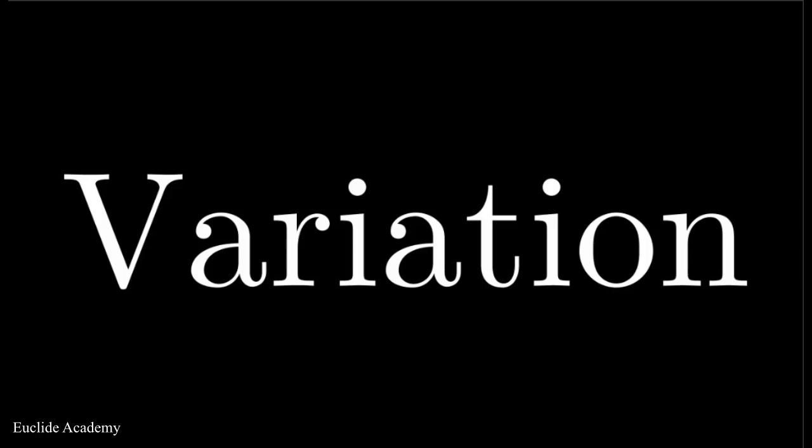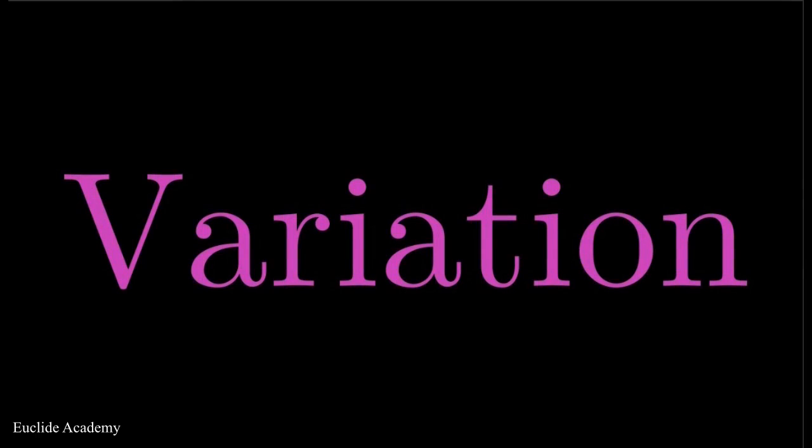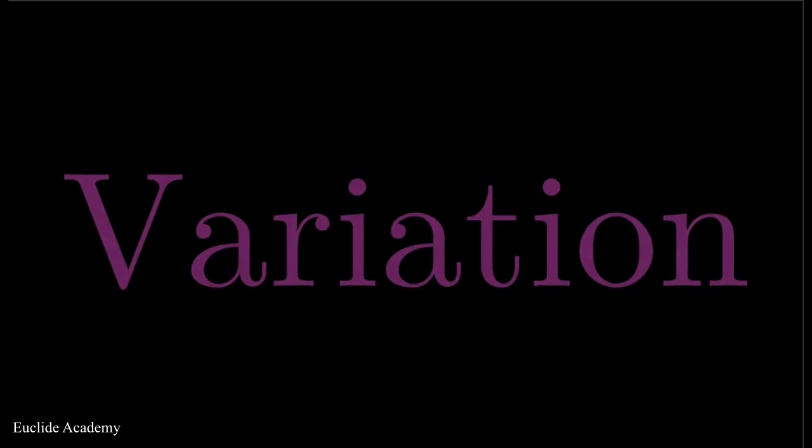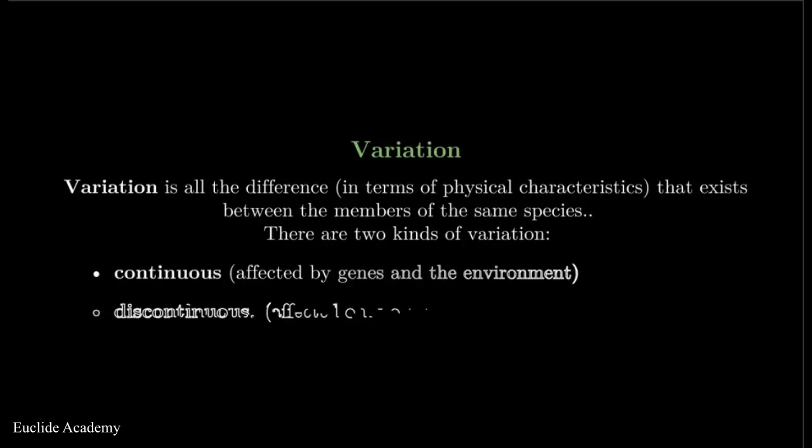So what does variation refer to formally in genetics? What does it mean, and how do we understand this concept? Variation is all the difference in terms of the physical characteristics that exist between animals or organisms or members of the same species.